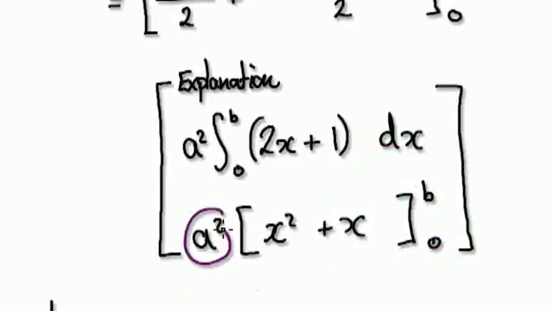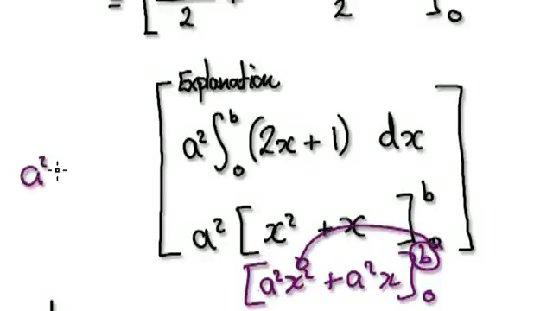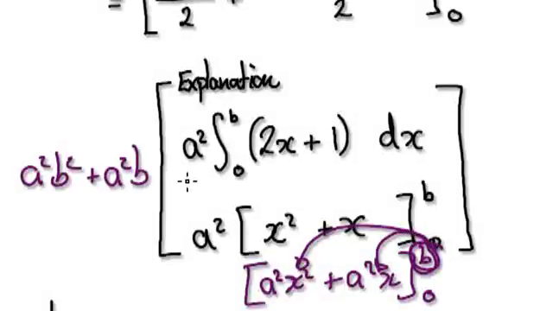But if you jump into here, you actually jump back into here. So this then becomes a squared x squared plus a squared x. With 0 here, this would be the same thing. It would be a squared b squared, and then put b into here, so that will be plus a squared b, and then take away 0.